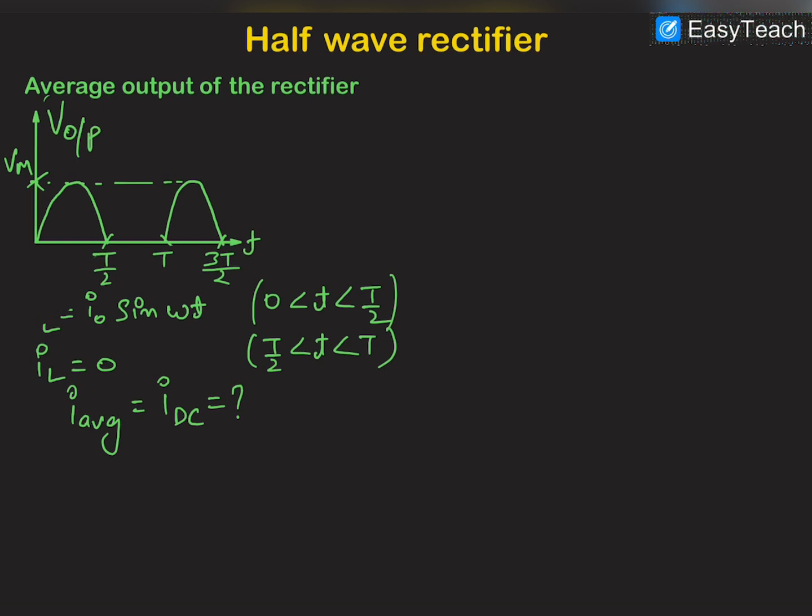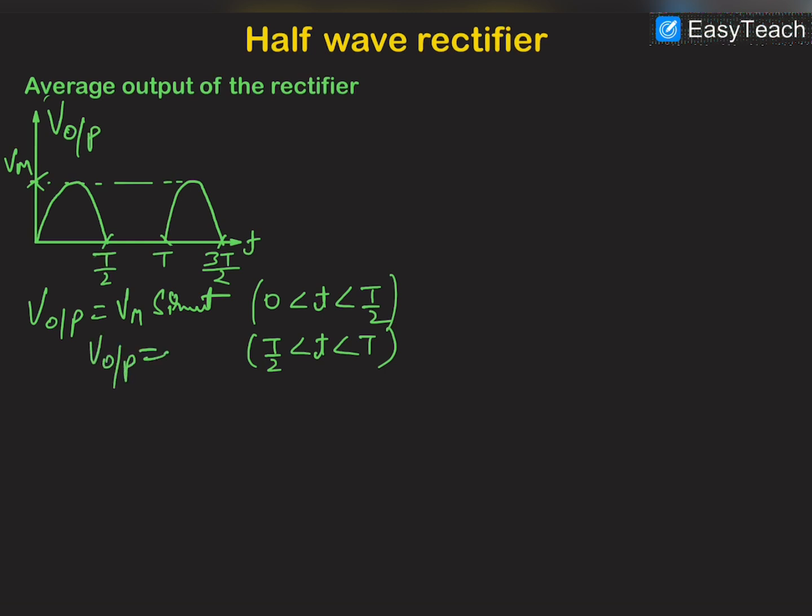First of all, let us talk about Vm. We know that the output signal received, V output, will be Vm sine omega t in only half cycle, and it would be 0 in the second half of the cycle.